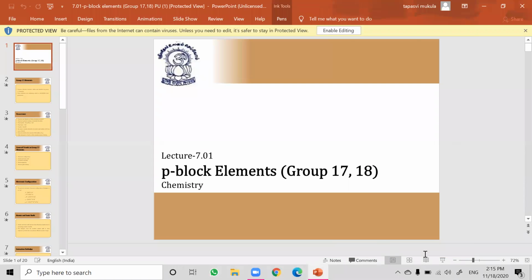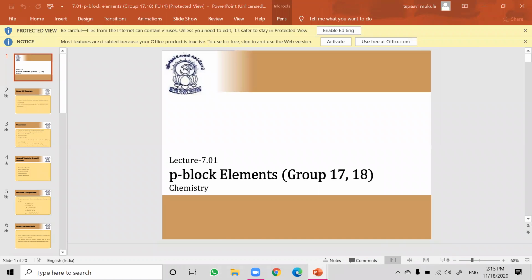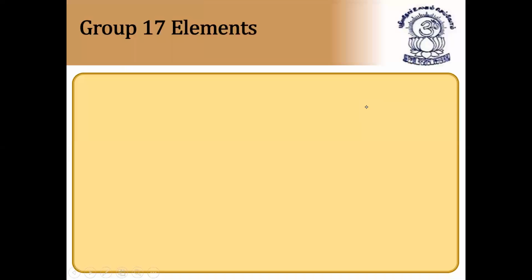Let us start the new topic, that is 17th group elements. Like how we have studied the 15th and 16th group, we also will study the 17th group. The 18th group is different from all the other groups, and it also comes under P block elements.